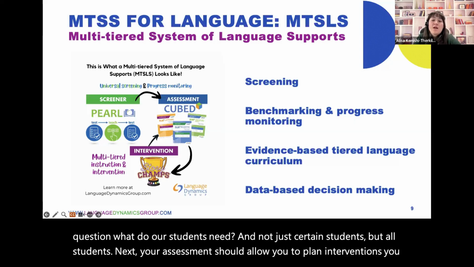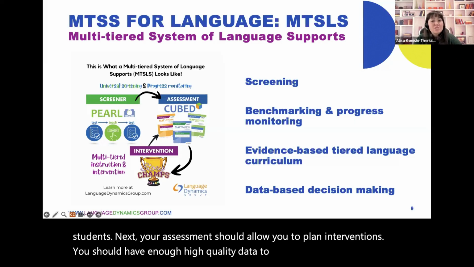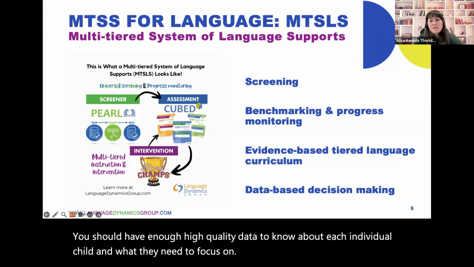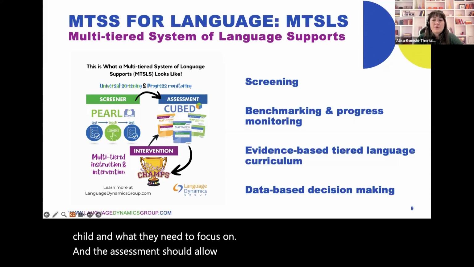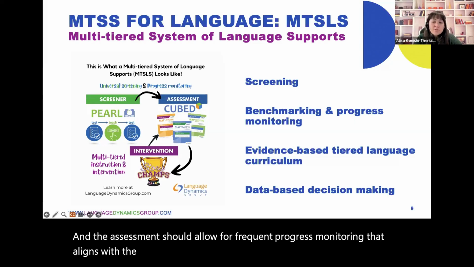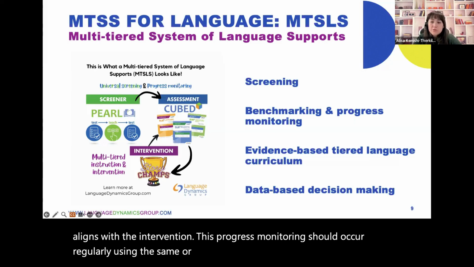You should have enough high quality data to know about each individual child and what they need to focus on. And the assessment should allow for frequent progress monitoring that aligns with the intervention. This progress monitoring should occur regularly using the same or similar measure, so you know that the child is actually making progress.